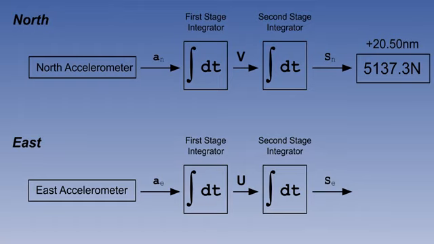Your SN value of 20.5 minutes change of latitude would be added to the start latitude to give a present position of 5157.8 north. This means that you have a continuous readout of your present latitude, in just the same way as the tripometer on your car continuously tells you your present distance along a route.